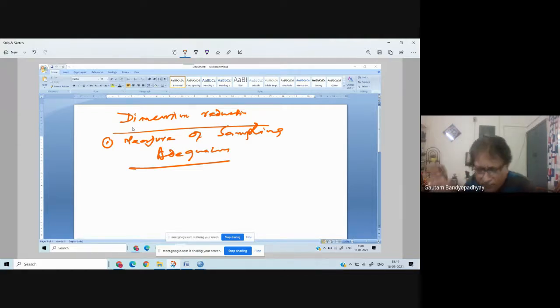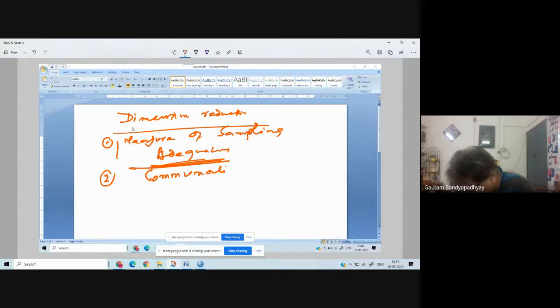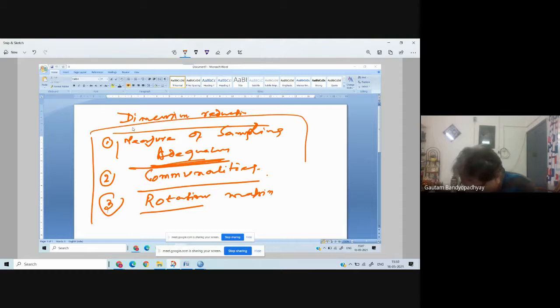I'm not going into detail because time is very short. Using the measure of sampling adequacy we can discard some variables, and I'll show you that part. The second part of dimension reduction is the communalities. The third part is the rotation matrix, orthogonal rotation. So these are the three methods for dimension reduction.